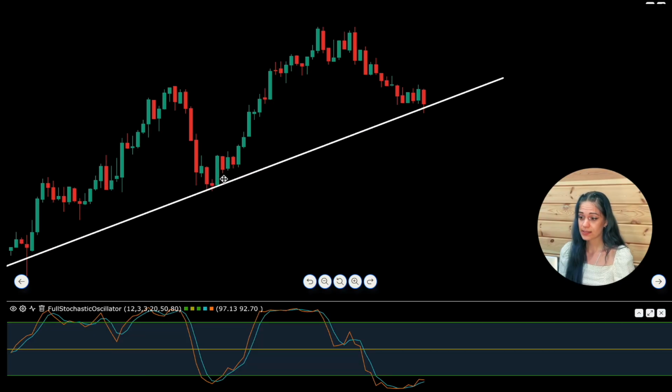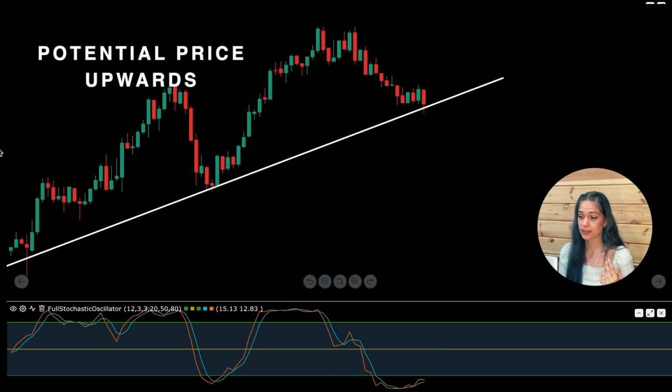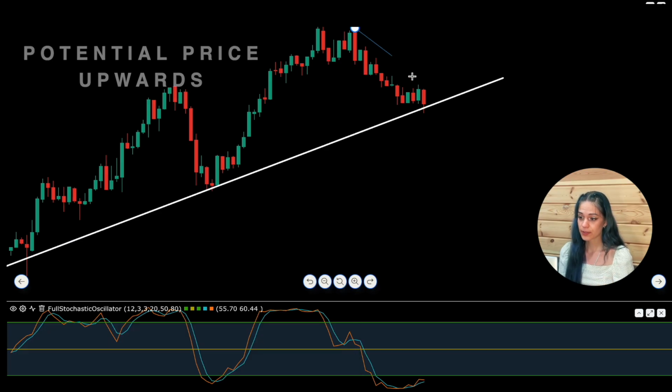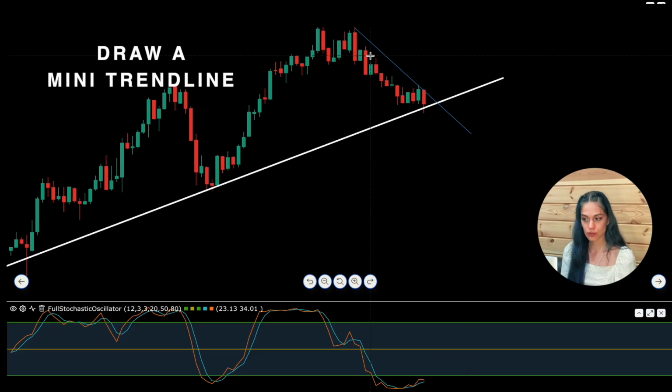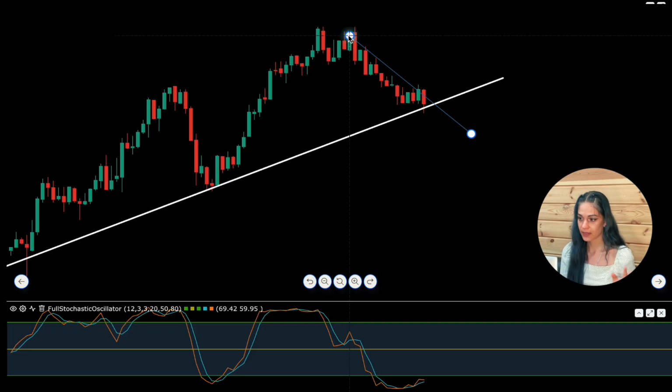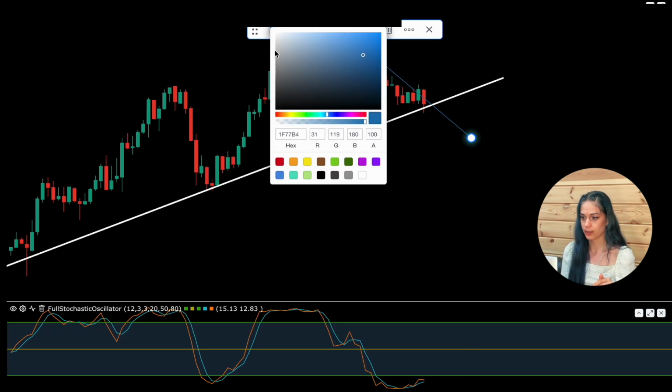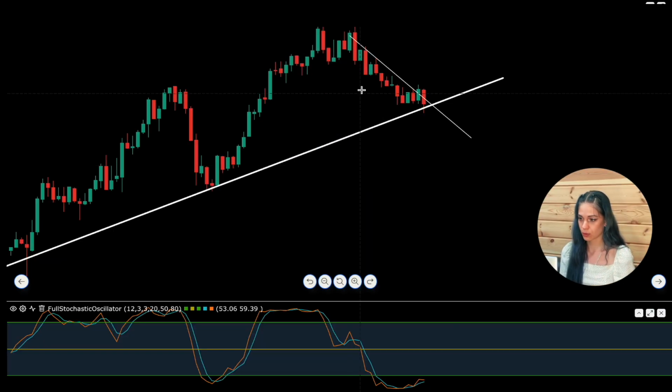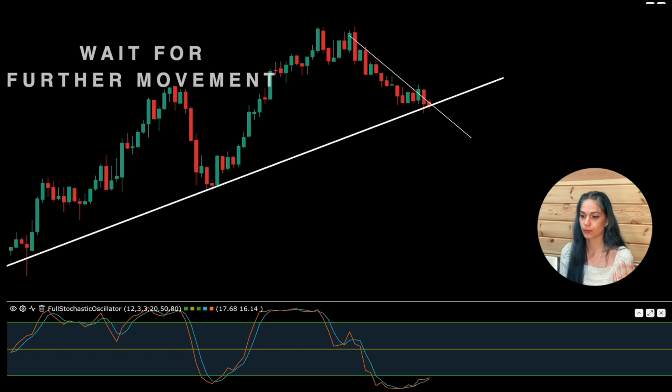Similarly, we can use stochastic escalator when working with an uptrend. We see our trend line, then we see the touch point with our trend line, and potentially expect the price to move up. For this, we have to draw our mini trend line as usual, like so, like this, and as usual white color, and now we are expecting further movement of the price.